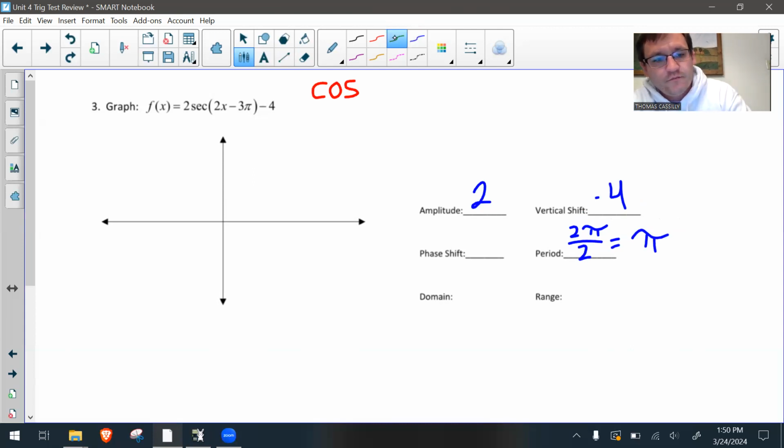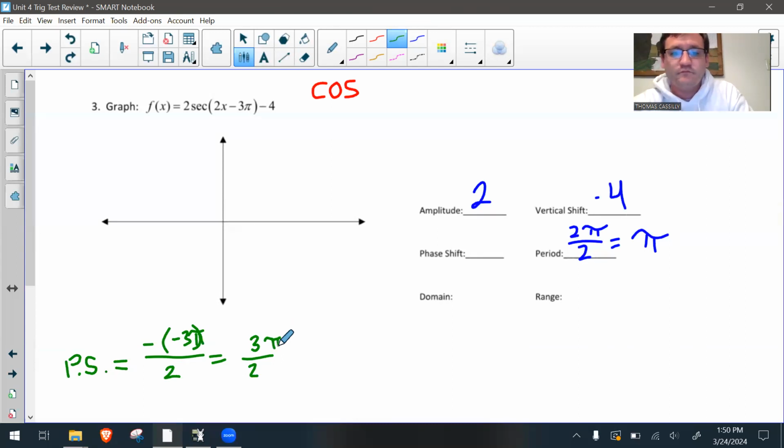The phase shift is equal to negative c over our b value. So negative 3 over 2. This gives us 3/2. And I forgot my pi. So it's 3 pi over 2.